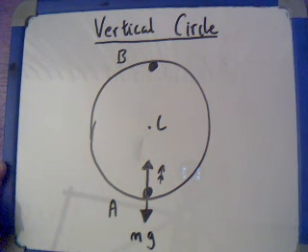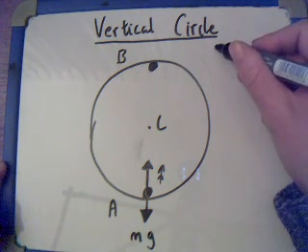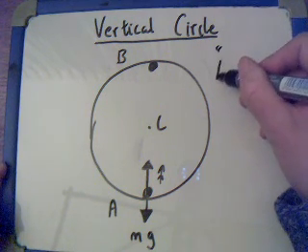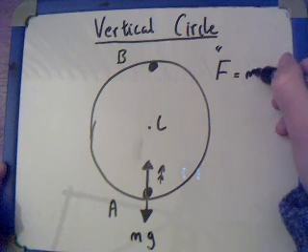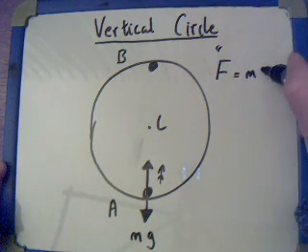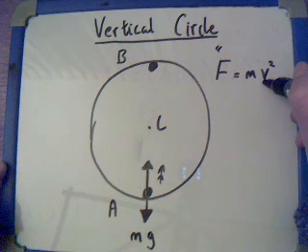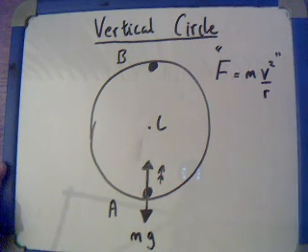From the earlier video on circular motion, we had the circular motion representation of Newton's second law, which is that the resultant force is equal to its mass times the acceleration due to circular motion, which is v squared over r. So F equals mv squared over r.